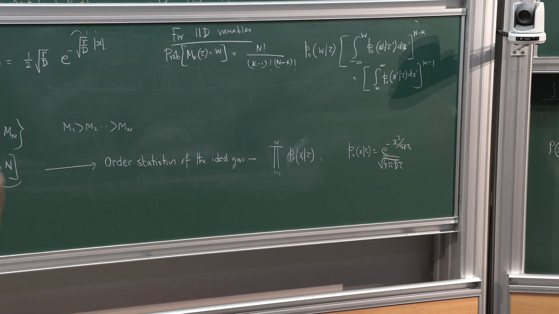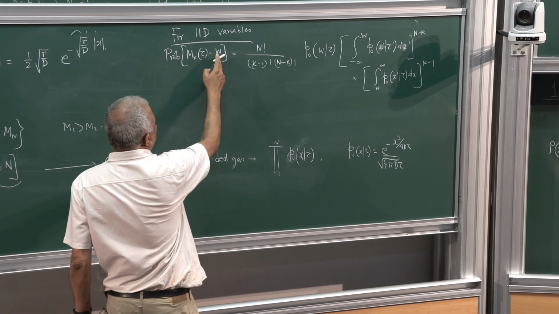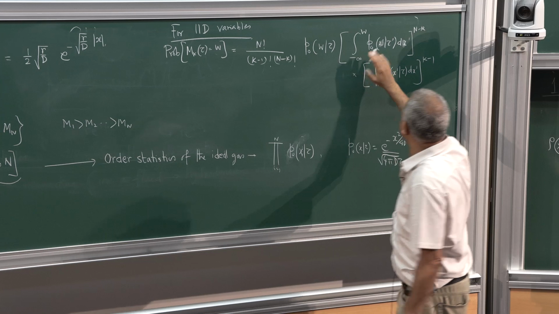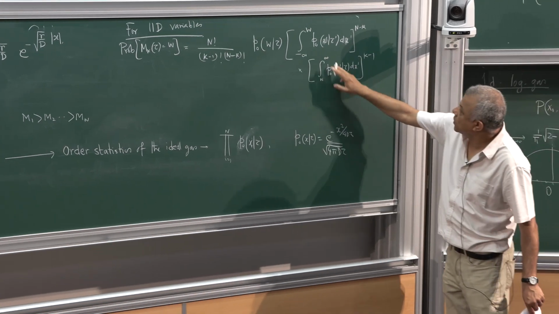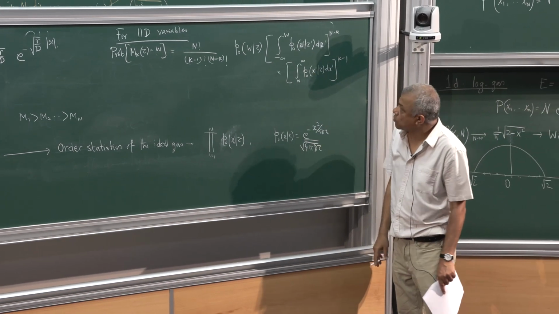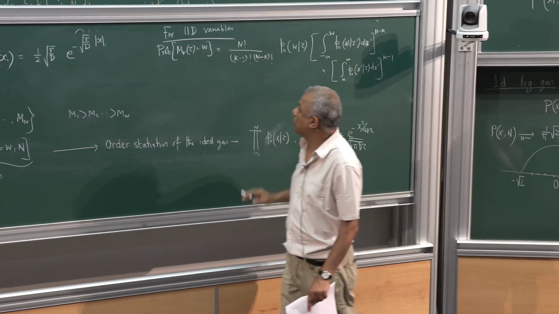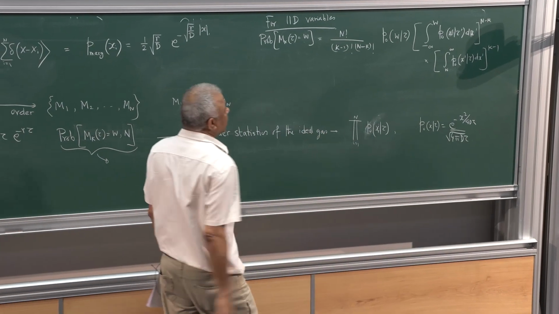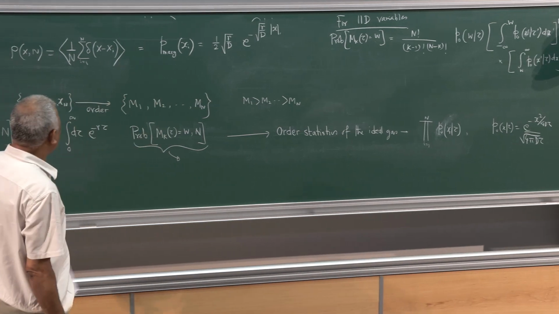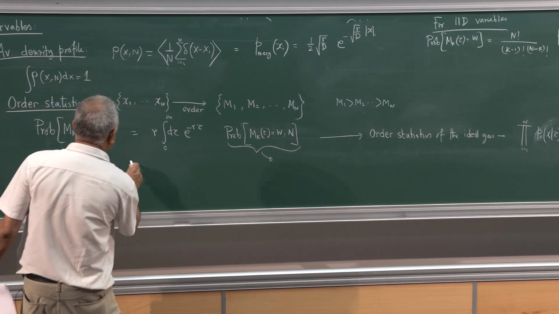If you fix the kth guy to be W, then you have to have k minus 1 guys bigger than it and n minus k guys smaller than this, and then there's a combinatorial factor here, so this is the exact formula. All you have to do is substitute this exact formula here.